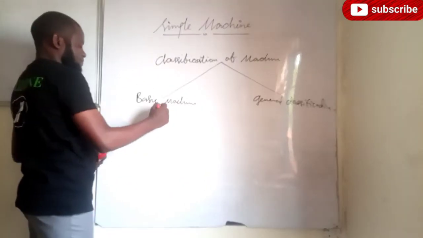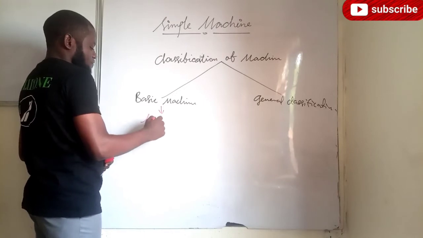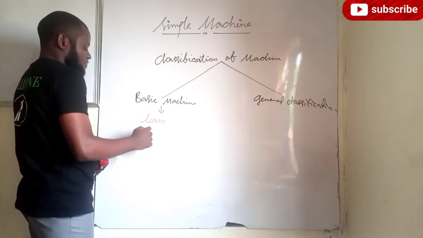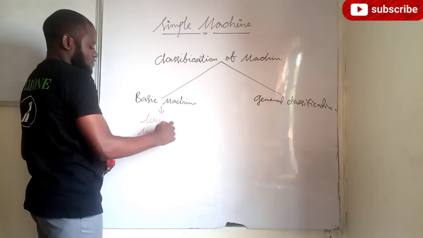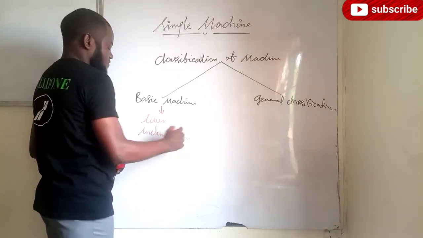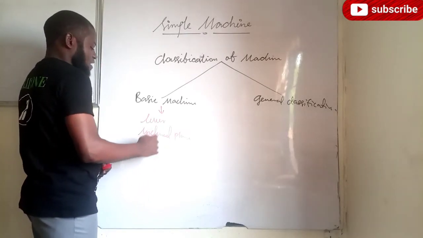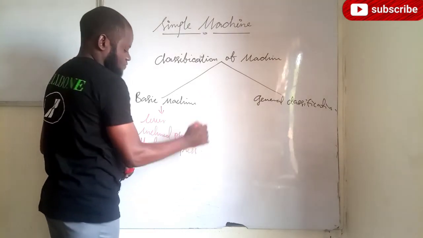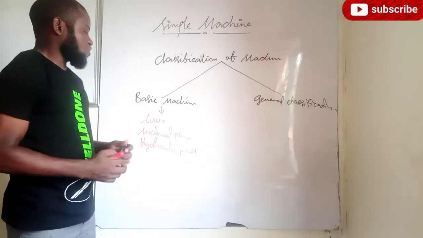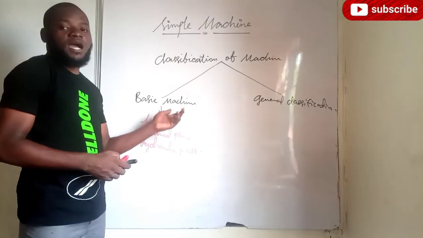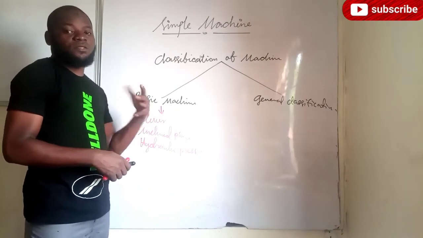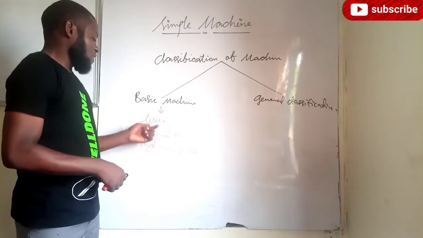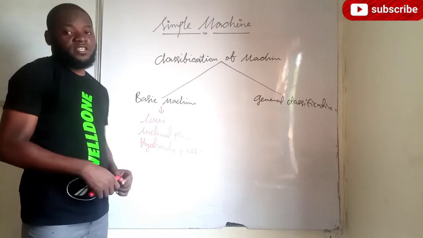We have the lever, we have the inclined plane, and we have the hydraulic press. Do you understand this now? So basic machines are machines that produce other forms of machine: lever, inclined plane, and hydraulic press.